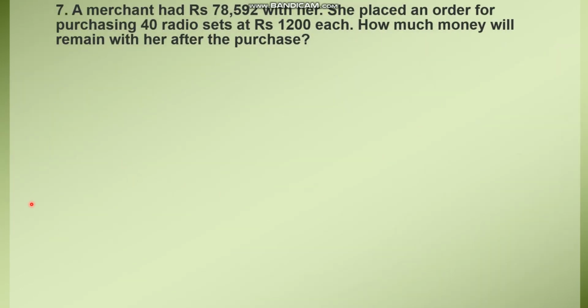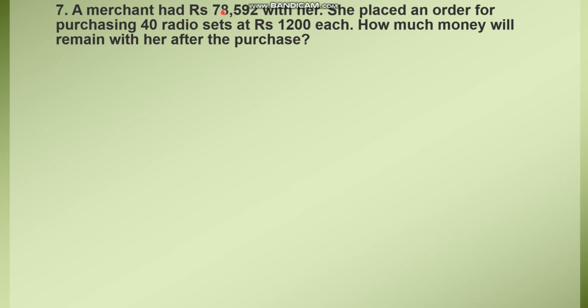Now the next question. A merchant had rupees 78,592 with her. She placed an order for purchasing 40 radio sets at rupees 1,200 each. How much money will remain with her after the purchase? Read it once again.